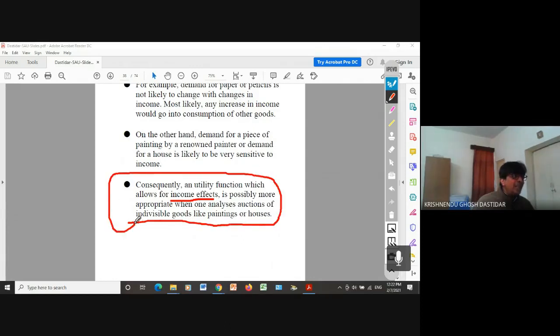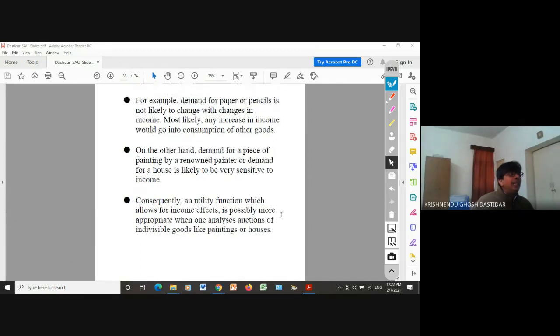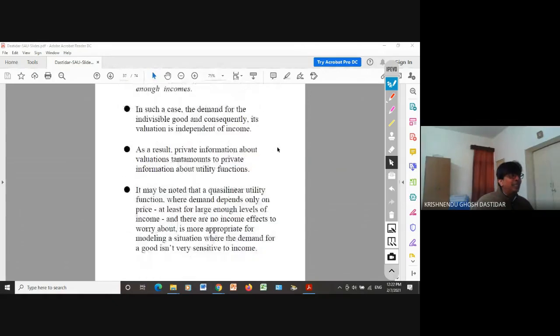So we are now going to deal with such cases, utility functions which allow for income effects, because the canonical model is based on a quasi-linear utility function with high enough income, so income effects are ruled out.